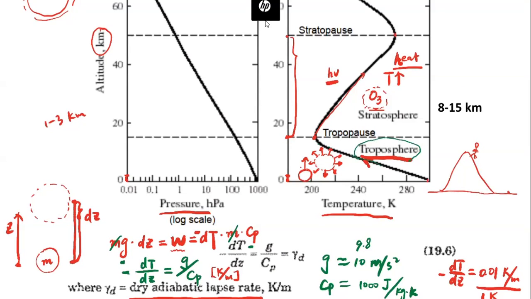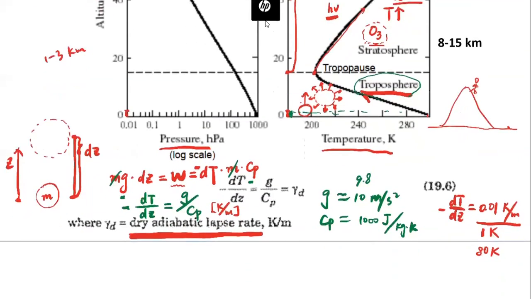Okay, so we mentioned that humans are just living at the very bottom of this troposphere. So what this means is that we can quickly dissipate all of the pollutants into the atmosphere, and that's going to reduce the concentration in the layer where humans live.